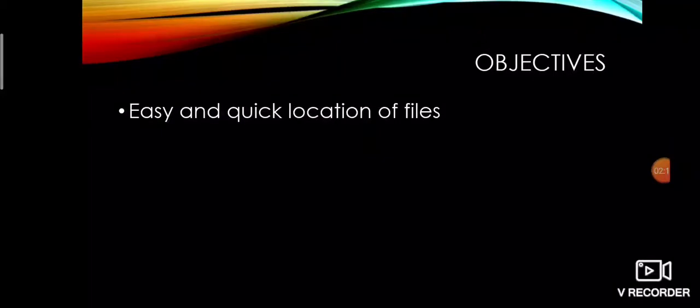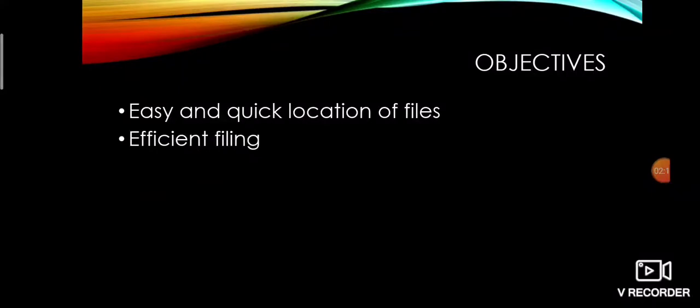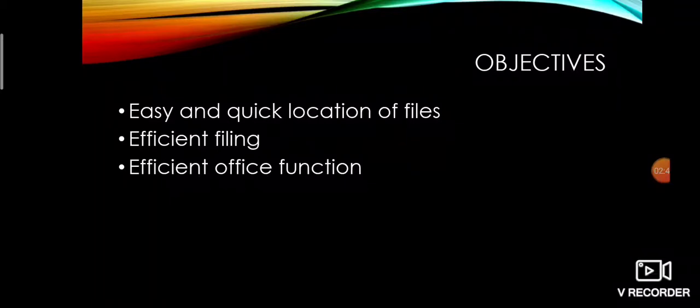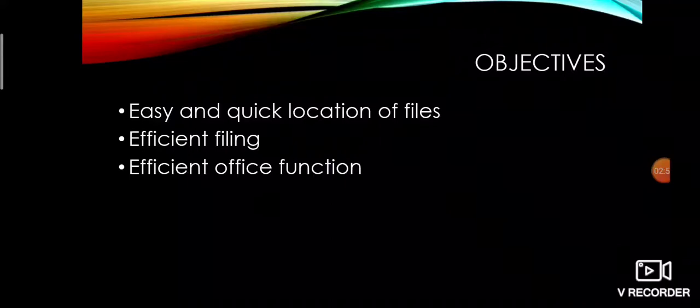Pangalawa is efficient filing, or we are doing indexing for the efficiency, or it increases the efficiency of our filing method. Third is efficient office function. It improves the efficiency of the office operation; the operation of an office becomes easier when we have indexed the documents needed for different departments.